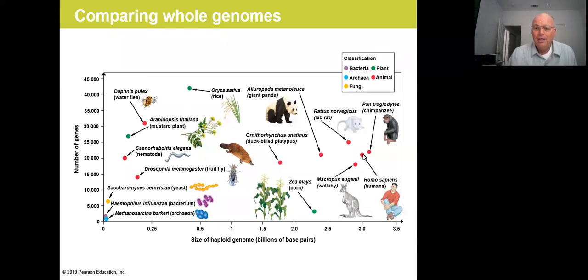So you can see that our genome is relatively large in terms of the number of base pairs, about 3 billion base pairs in a haploid set of chromosomes. And by the way, as far as the sequencing system is concerned, a haploid set of chromosomes is not 23, as you might suspect, but 24.